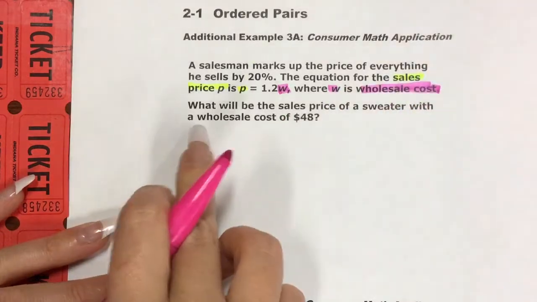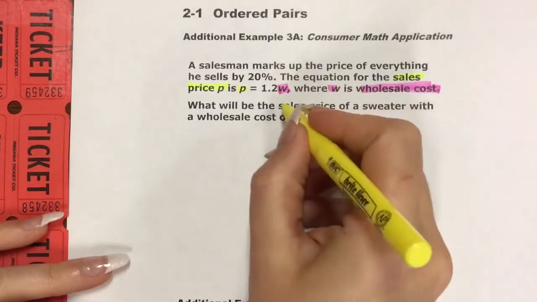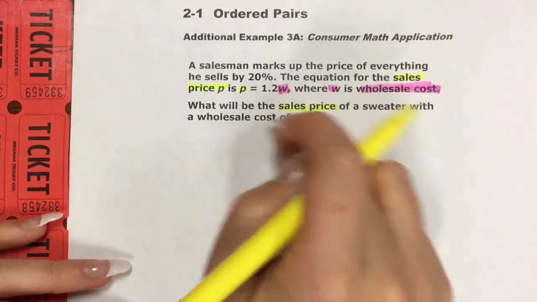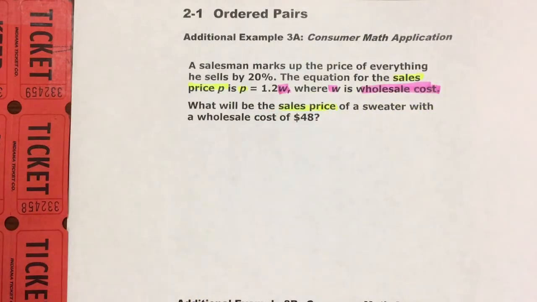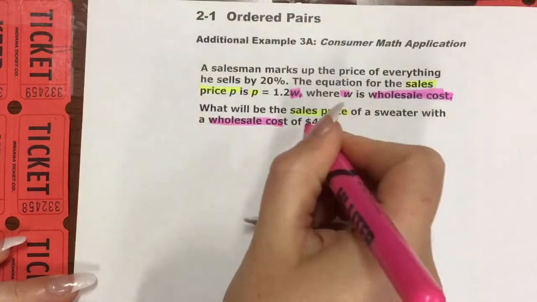All right? And it says, what will the sales price be? So the sales price is P of a sweater with a wholesale cost of $48. So the wholesale cost is $48.